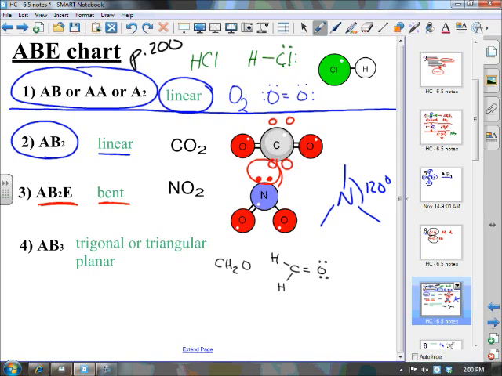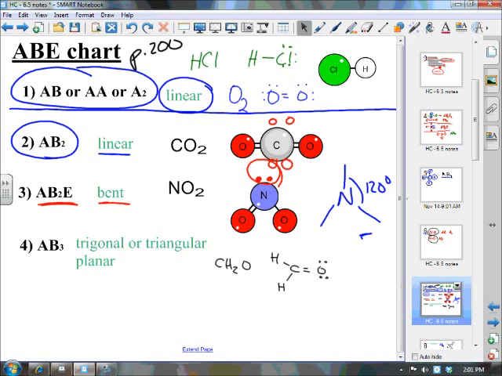So that pair of electrons, even though there's not really an atom there, takes up space like an atom. So what happens there is all the atoms spread out as much as possible.